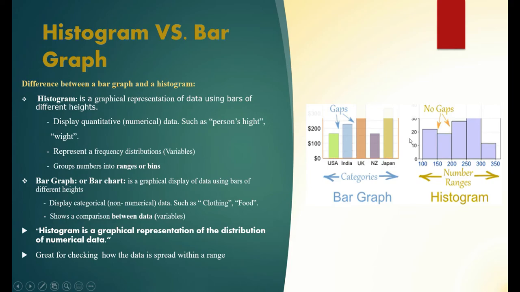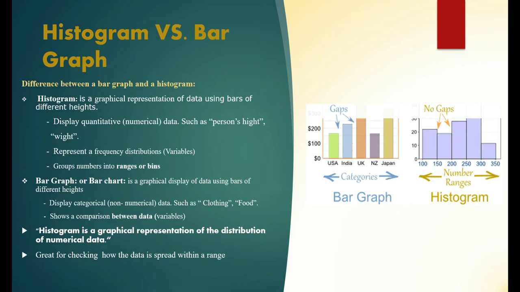Bar graphs and histograms are two ways to display data graphically. Bar graphs are good when your data is in categories such as categories of films: comedy, drama, thriller, sci-fi, etc. But when you have continuous data such as a person's height, then a histogram is a good fit.